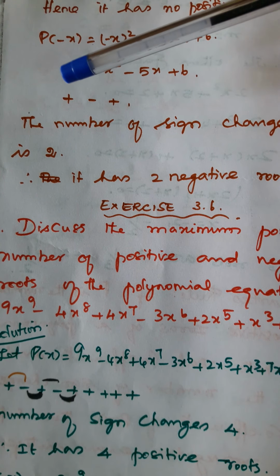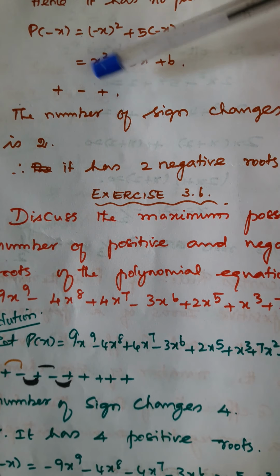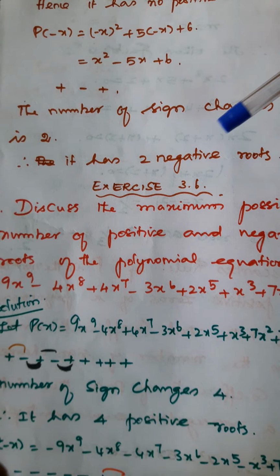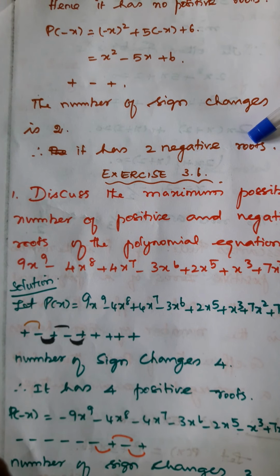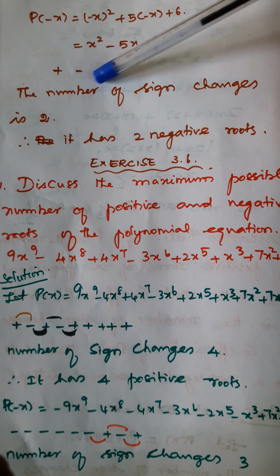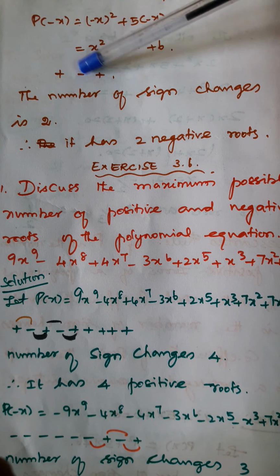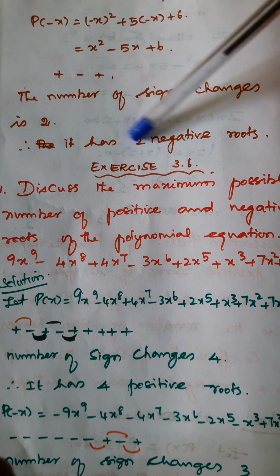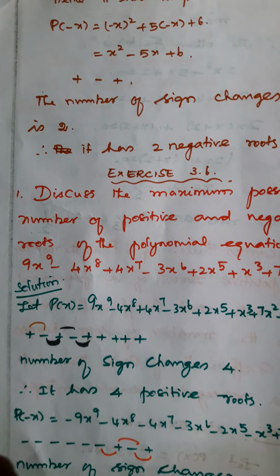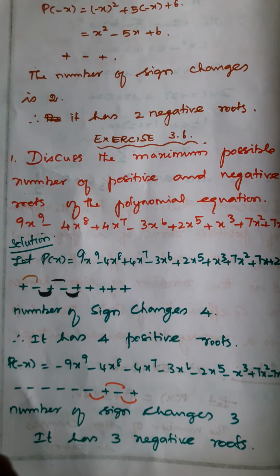Here your sign changes are plus, minus, plus, so the number of sign changes is 2. Therefore it has 2 negative roots. Is that clear? This is a simple trick to find the positive and negative roots.